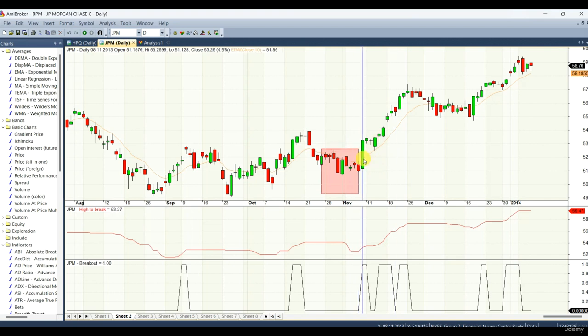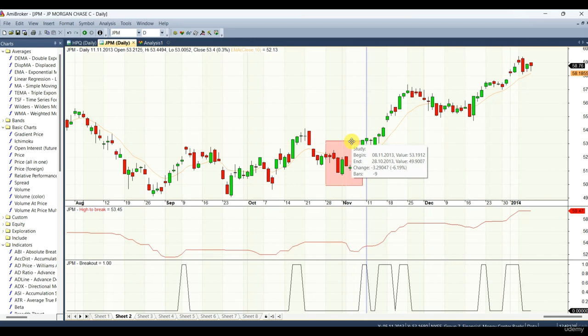Because we are asking, is the close of the current bar higher than the highest high of last 10 bars, shifted 1 bar back? And the answer is yes. And that is why it is 1. The same applies for this one. Is the close of this current bar higher than the highest high of last 10 bars? It is, because the close is higher than the high of this candle.